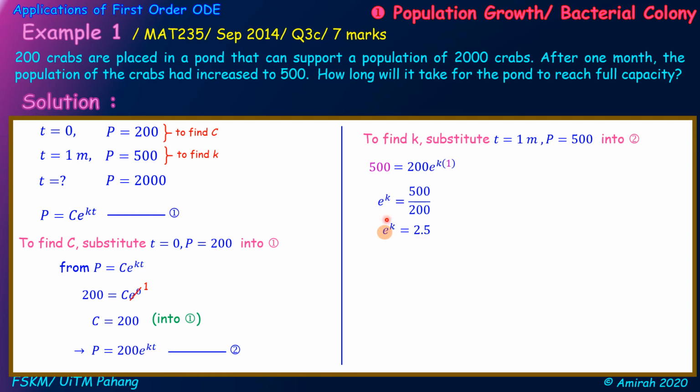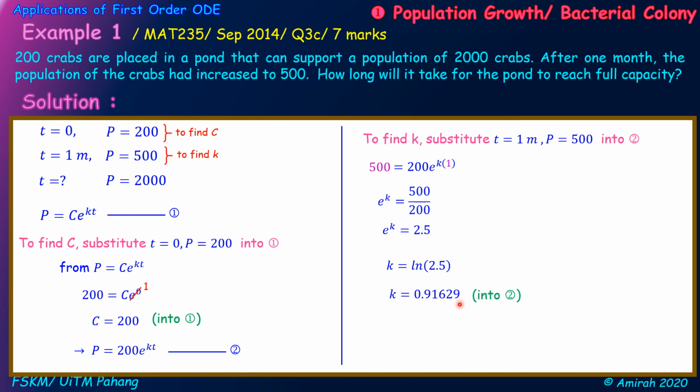Now we want to find k. So we need to move e to the right hand side. When we move e to the right hand side, we get k equals ln 2.5. Then we can use a calculator, so k equals 0.91629, up to 5 decimal places.